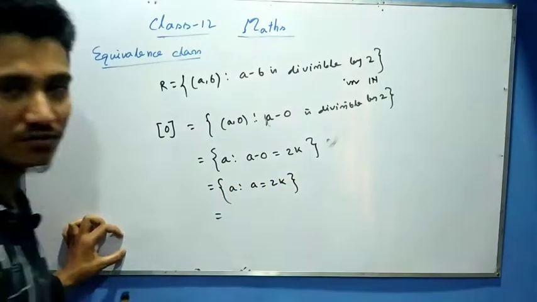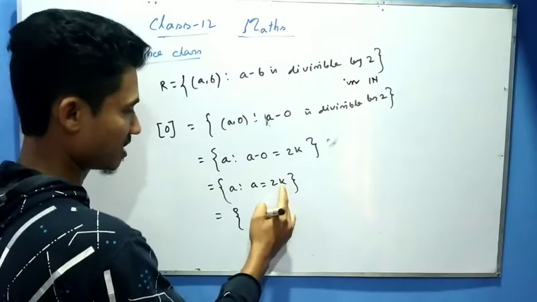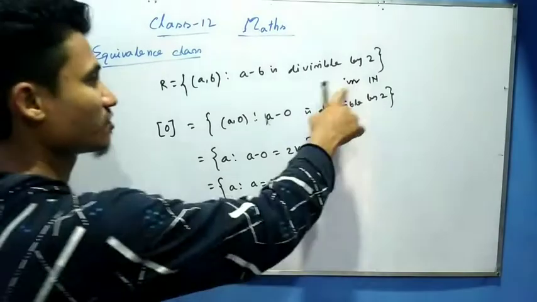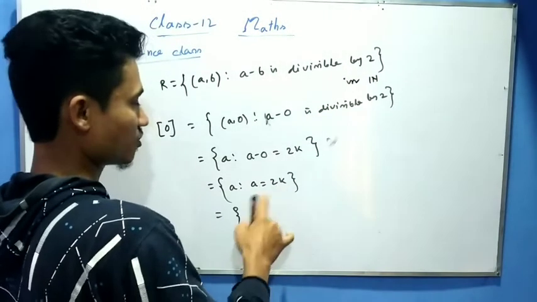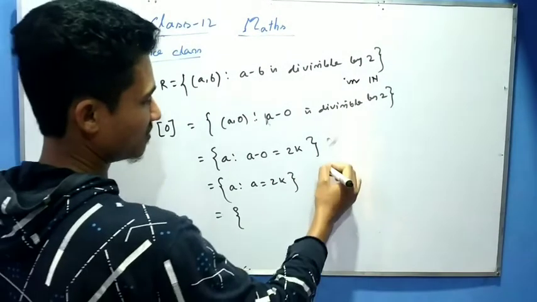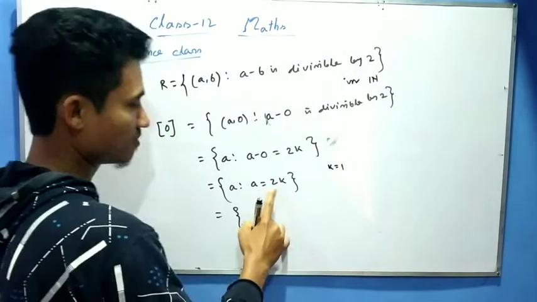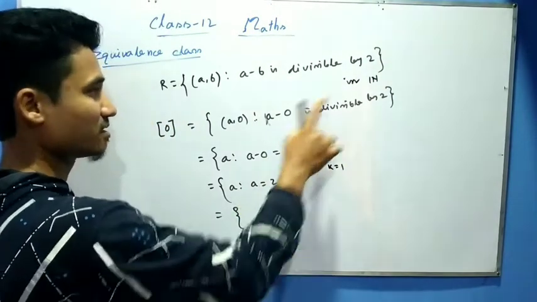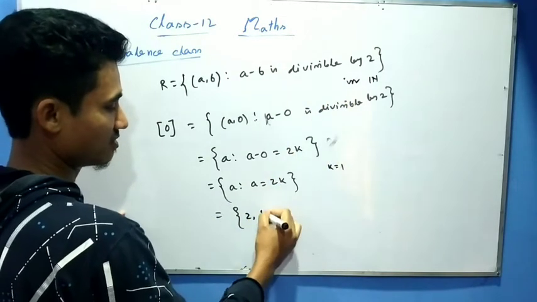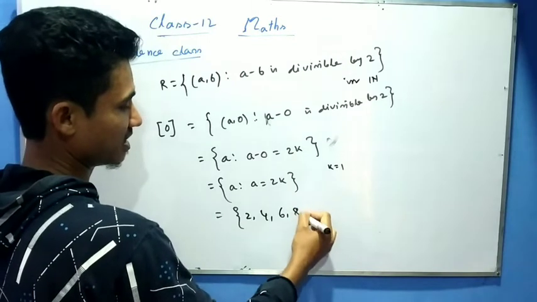If I put k equal to 0, then 2 into 0 is 0, but a belongs to the natural numbers, and 0 is not a natural number, so 0 will not come. If I put k equal to 1, then 2 into 1 is 2, so a is equal to 2. Does a belong to the natural numbers? Yes. 2, then 4, then 6, then 8, then 10, and so on.